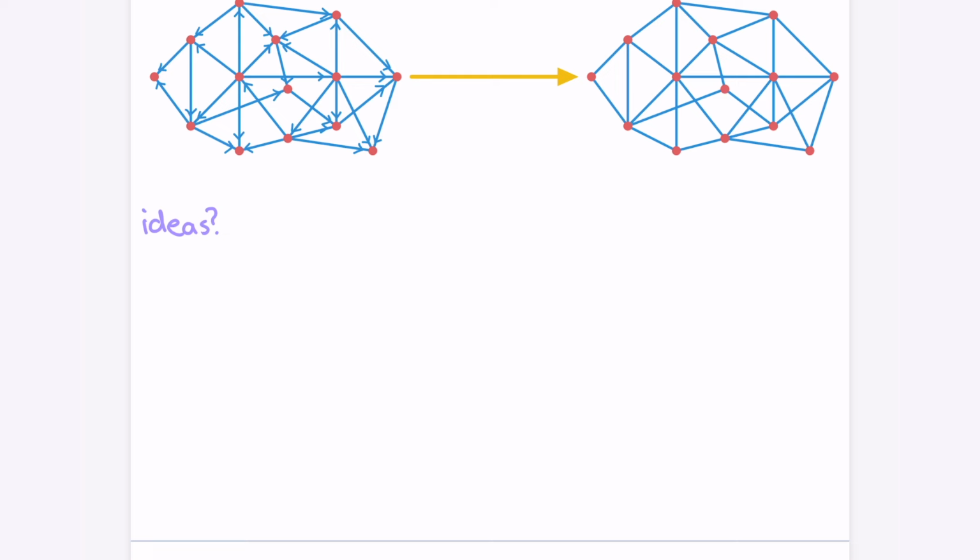So undirected is a special case, right? Undirected graphs are directed graphs, so you can think of them as directed graphs that always have both directions. But directed graphs aren't necessarily undirected graphs, right?